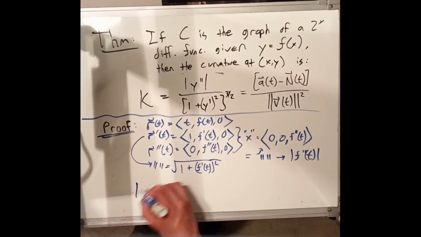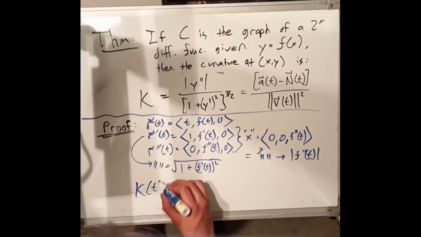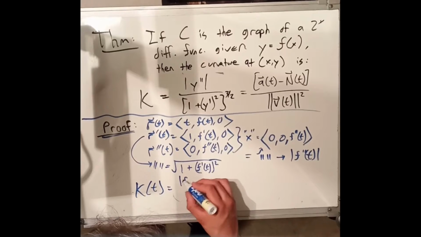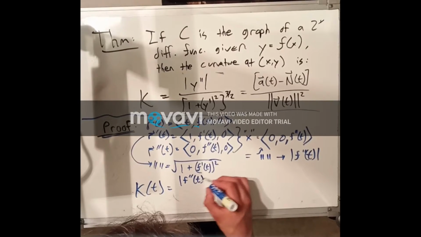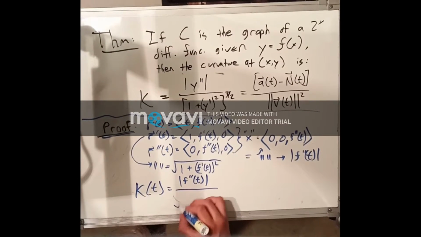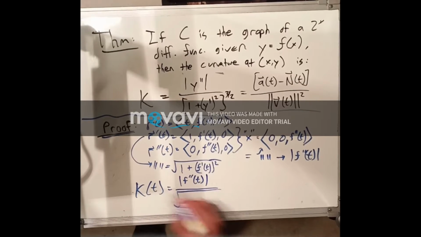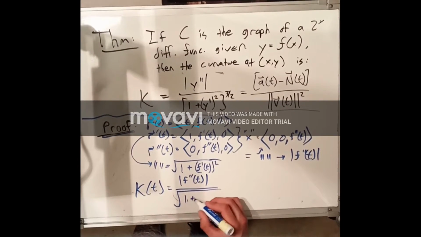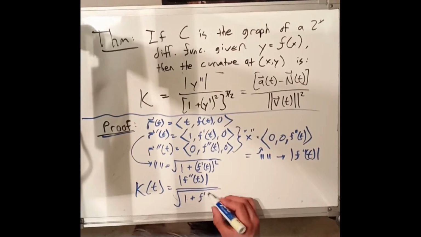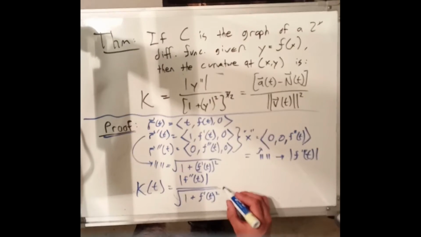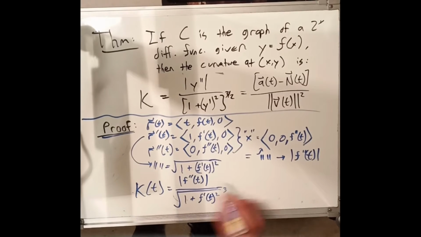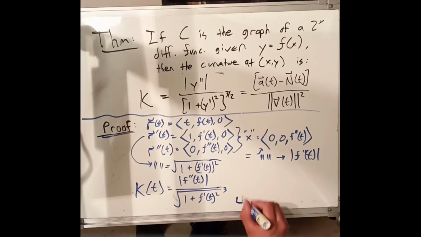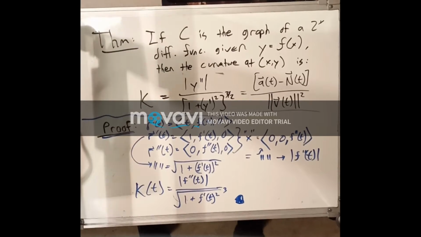Now, the proof will be complete once we write everything out. f double prime of t over, and remember we have to cube this from the formula from earlier, 1 plus f prime of t squared cubed. This will give you the 3/2 that we see up here. Everything checks. QED.